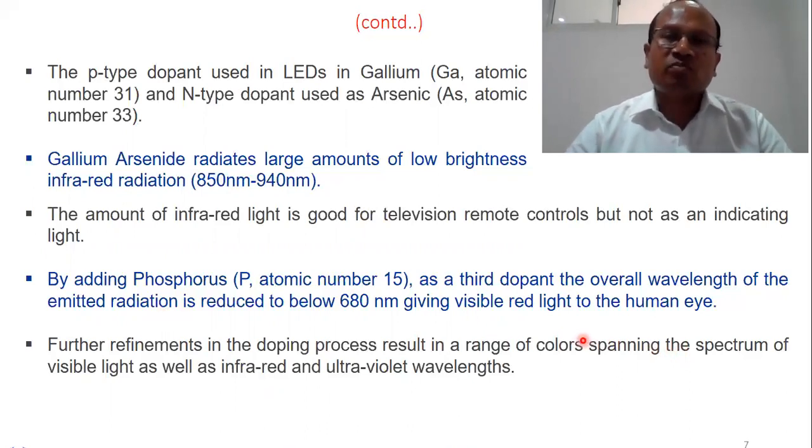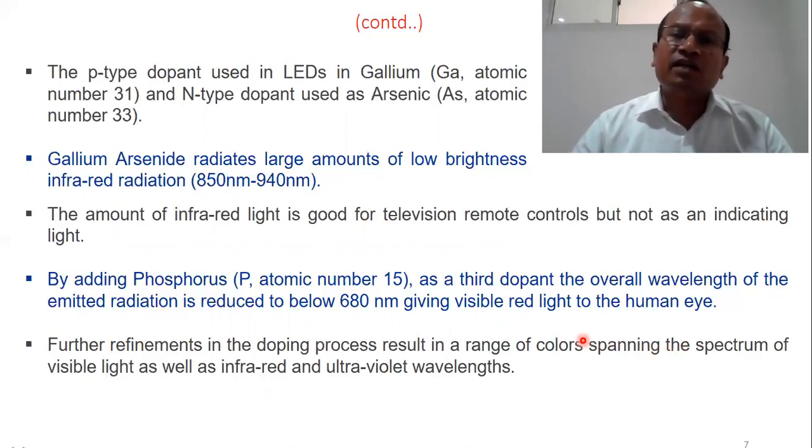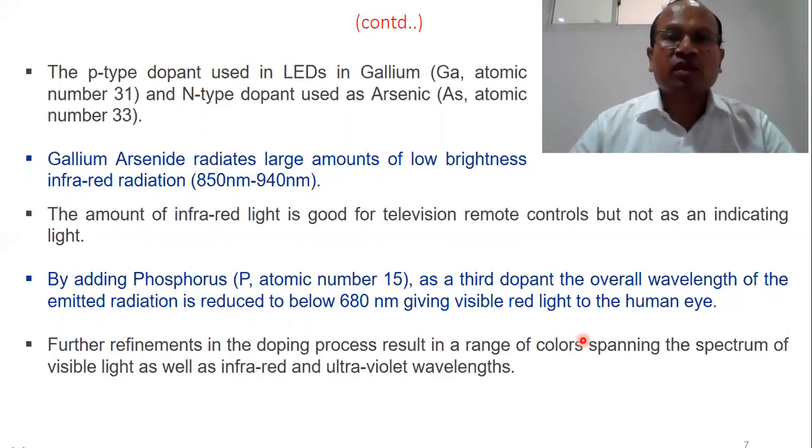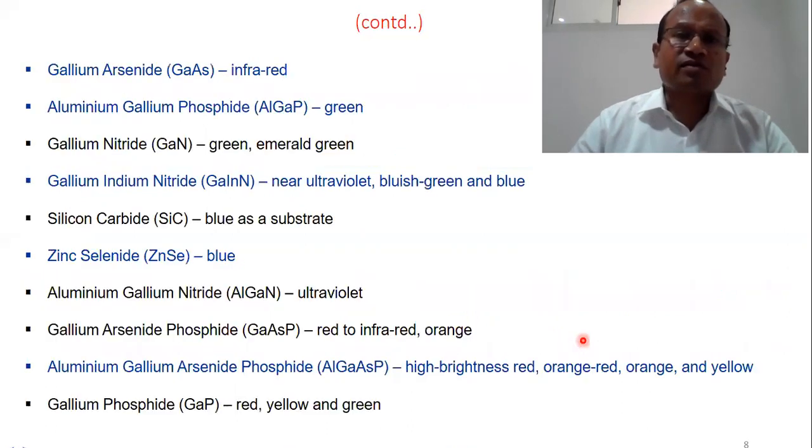We can change the combinations, we can change the ratios, and accordingly the entire spectrum can cover different light. So more and more values of wavelength can be generated by different series of LEDs which are constructed using different combinations of these direct band gap semiconductor materials.